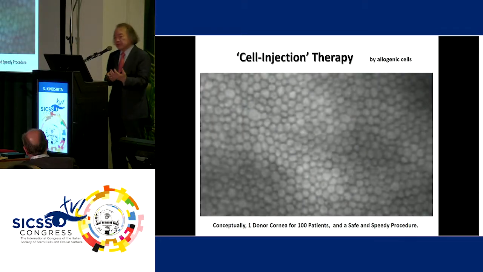Conceptually, one donor cornea can produce cells for at least 100 patients, and the procedure is safe and speedy.